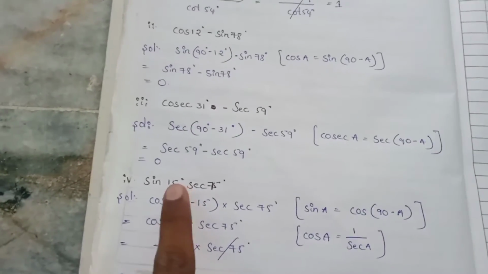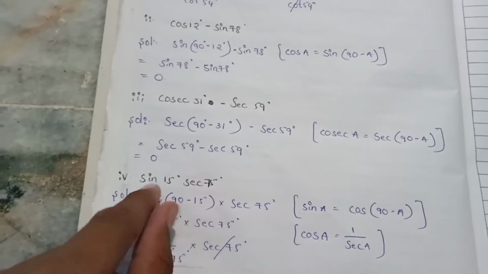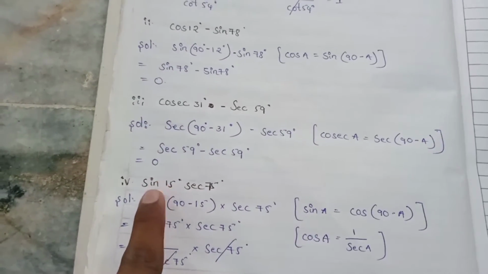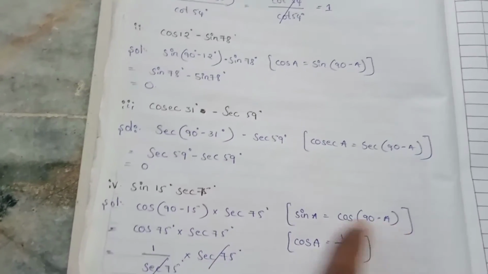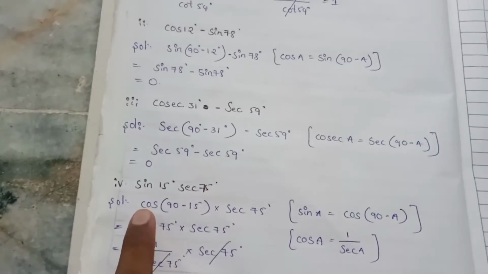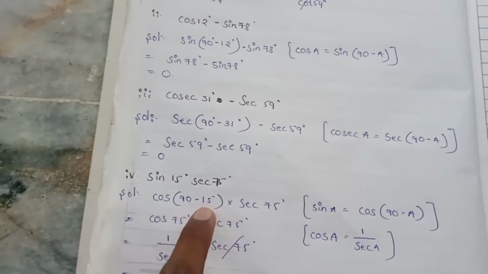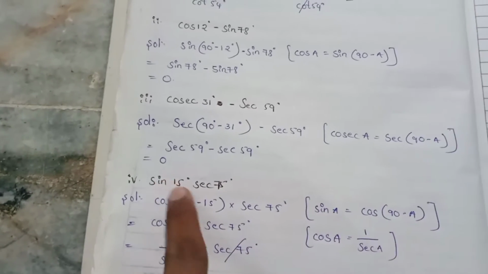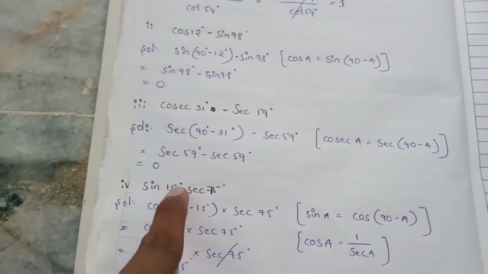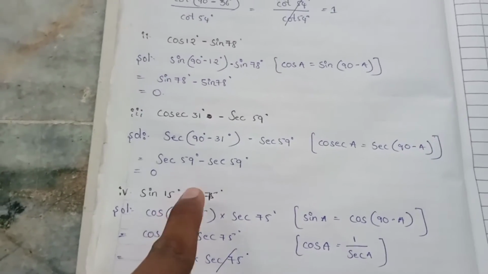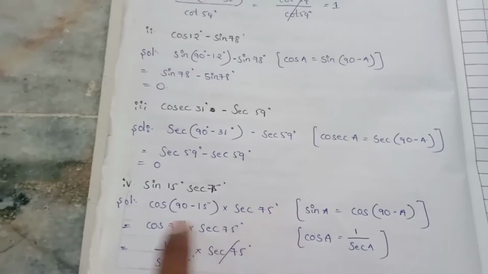Next, sin 15 degrees into sec 75 degrees. First of all, we have to change only one here. Sin A value is cos 90 minus A. What is the value of A here? 15 degrees.